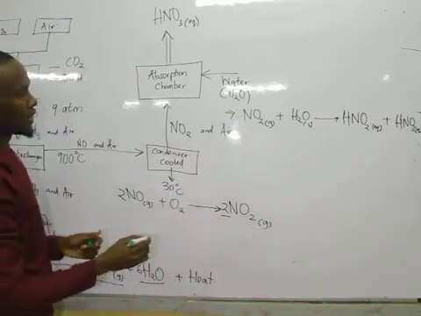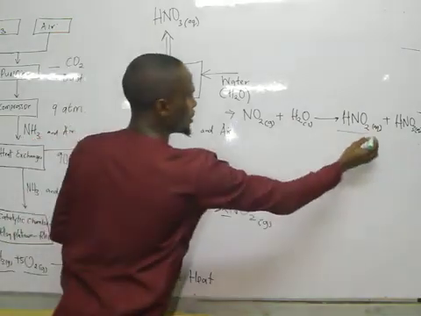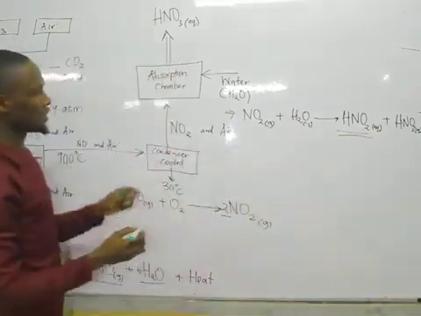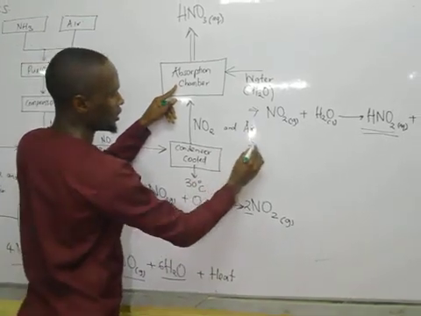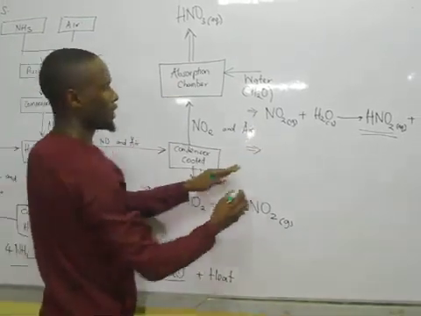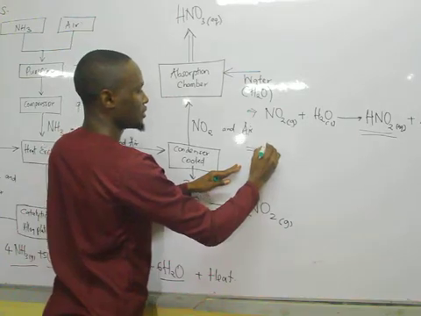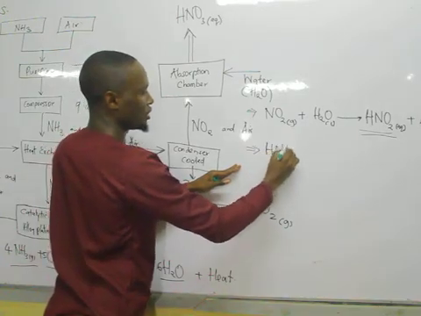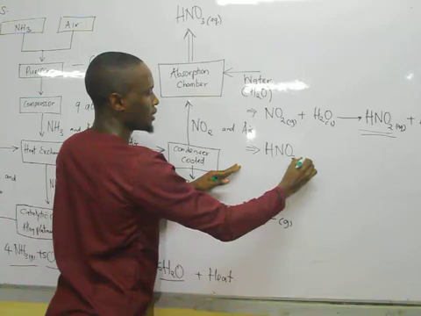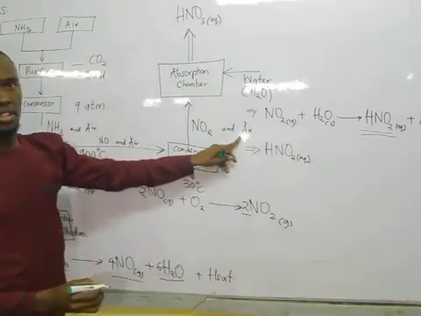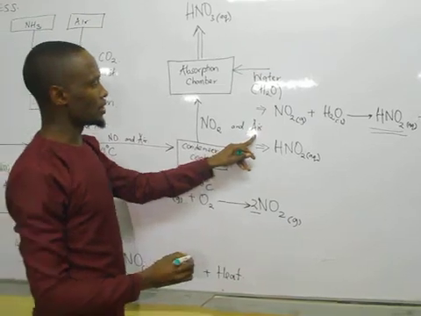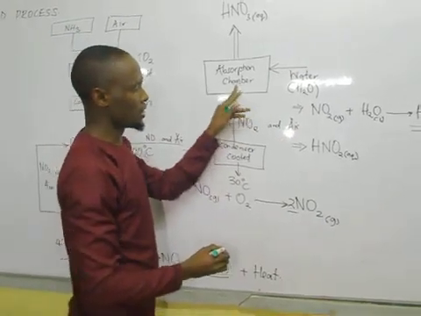But again, this nitrous acid that is formed in this chamber, in the second equation, the nitrous acid formed, HNO2 aqueous, reacts with the air that was initially directed to this chamber.